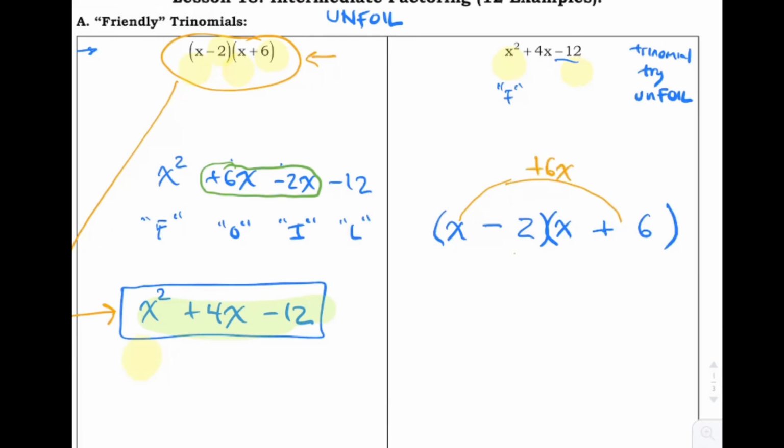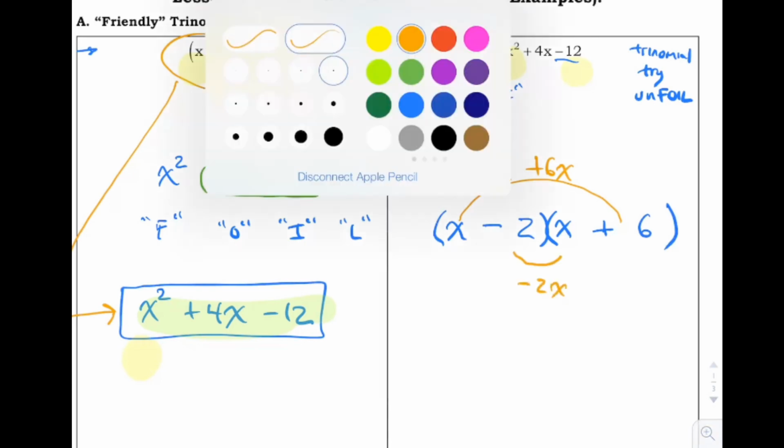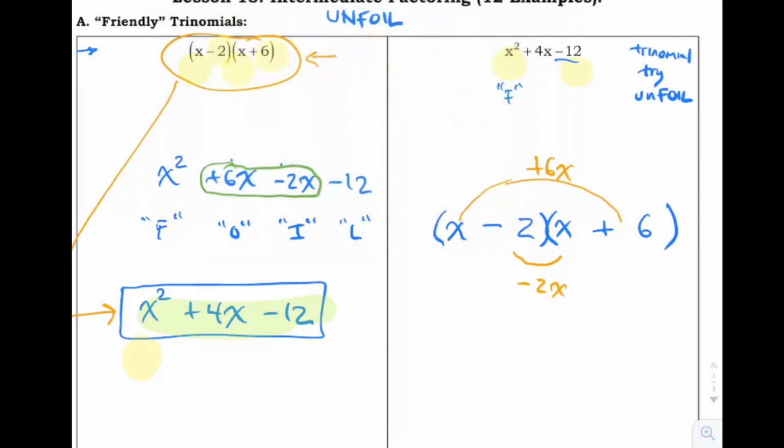And then you'll have a minus 2 times x, giving you a minus 2x on the inside. And what makes this work, I should say, is that this plus 6x and this minus 2x, your outer and your inner term products here, when you add plus 6x and minus 2x together, you do indeed get the plus 4x.